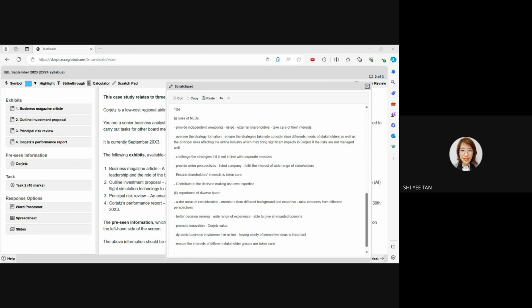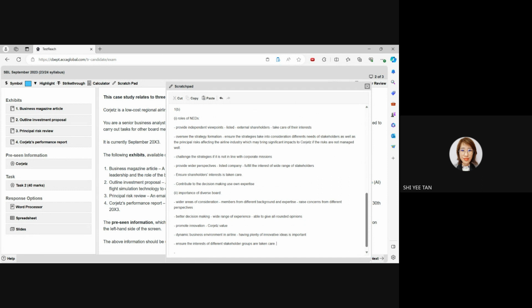Then you will ensure different stakeholder groups are taken care of if you have a diverse board, because they come from different groups, like female groups, male groups. Female and male consider different areas, so that's why we need to include females, because we want to improve the diversity, right?